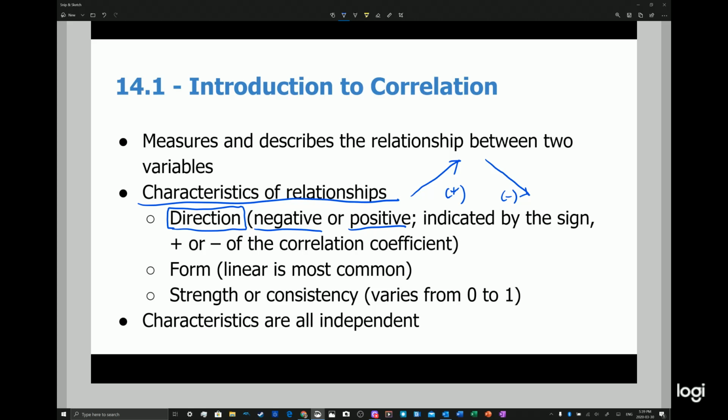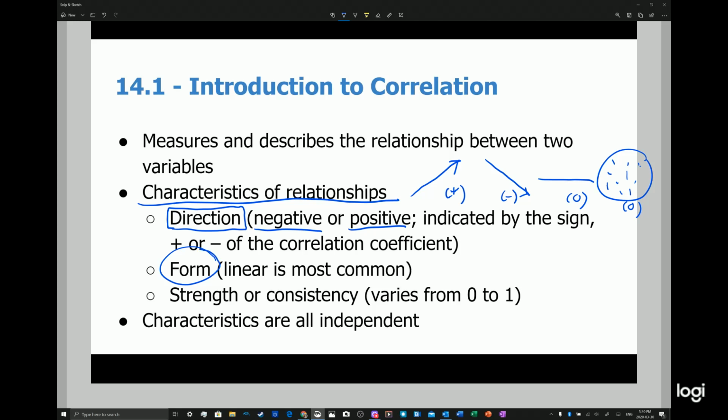If it's flat, that means zero correlation. Or if the points in the scatter plot are all over the place and it looks like a cookie, also no correlation. Okay, so the direction of the relationship can be positive, uphill, negative, downhill, or no correlation, either flat or all over the place.